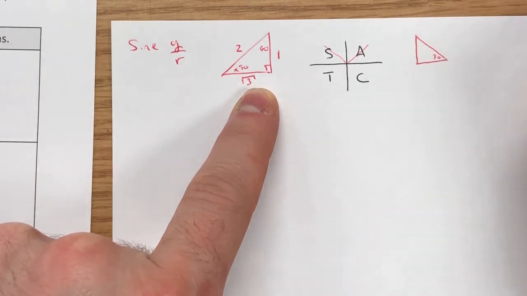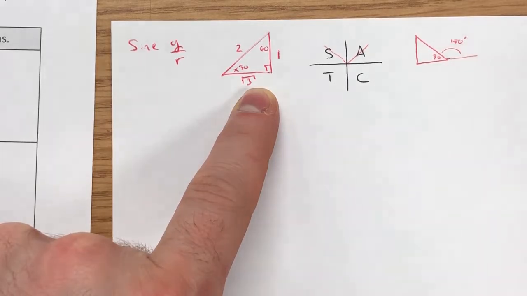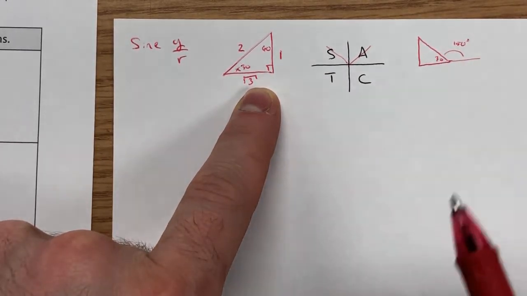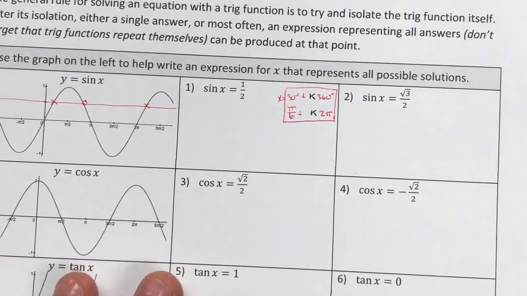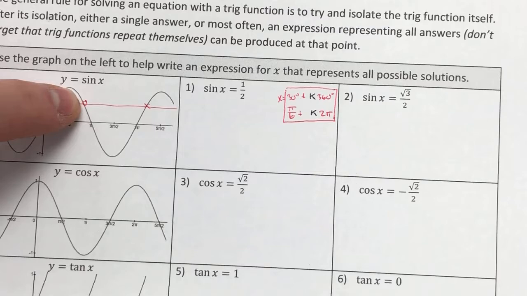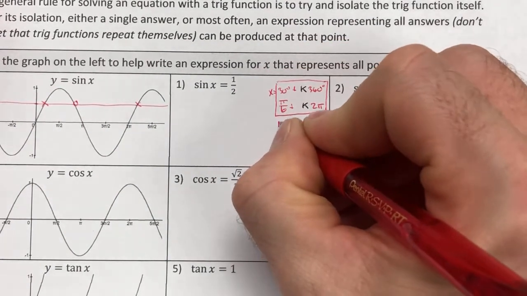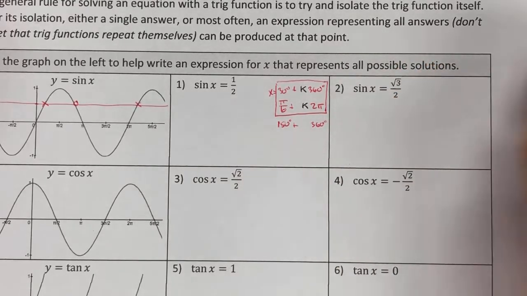And if I know this is a 30, 60, 90, well, I know that that must be 150 degrees because I know that the straight line is 180. Take away the 30, and I'm left with 150 degrees. So when I come over here, I know that that point must be at 150. So 150 degrees plus some iteration of 360.